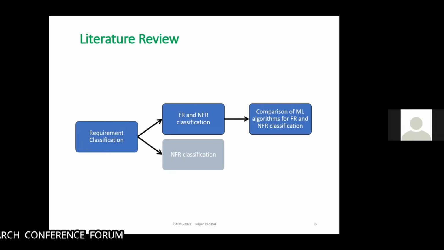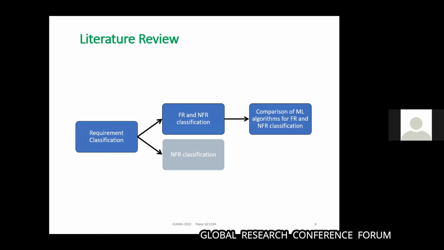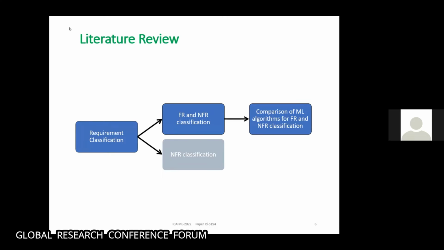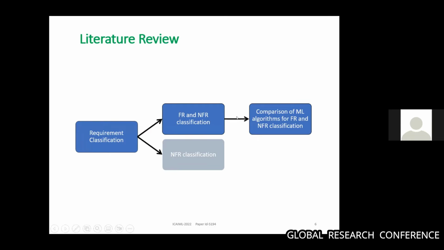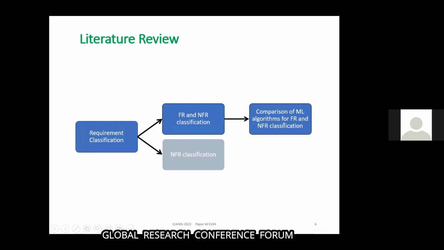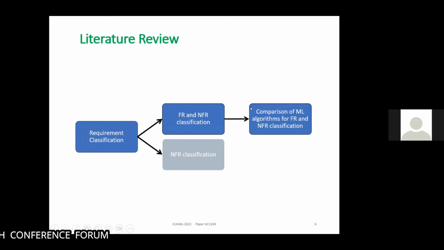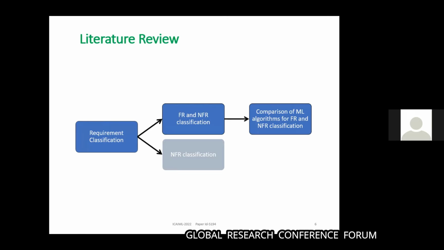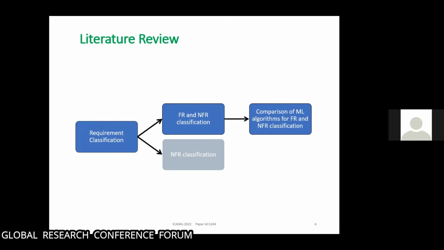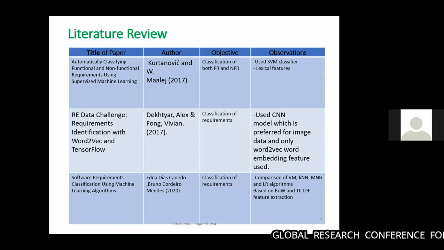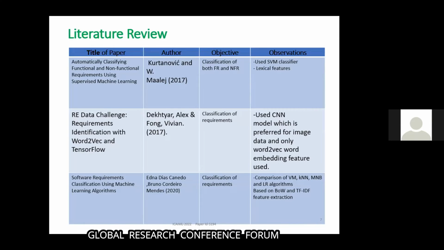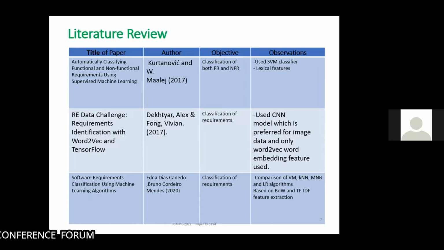Then we identified that certain papers work on the functional and non-functional requirement classification with a certain set of machine learning algorithms, ignoring some other machine learning algorithms. This comparison of the machine learning algorithms for the classification we took for the research work, and we identified the machine learning algorithms, progressed through it, and proposed the methodology.